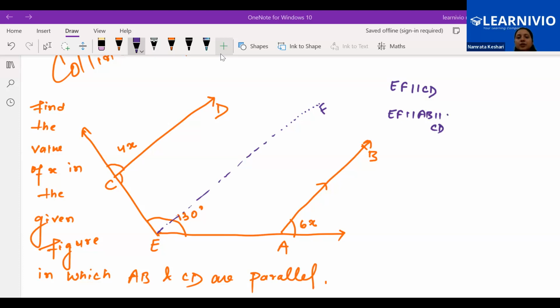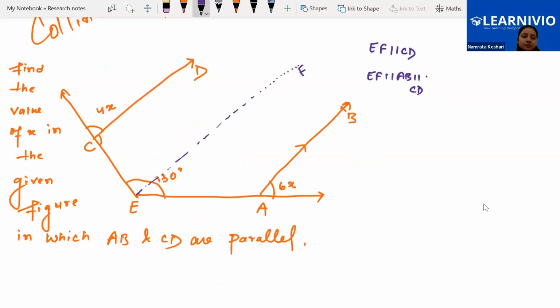Are you able to do it? Let's do it. Okay. So we have done the construction. Let EF be parallel to CD.